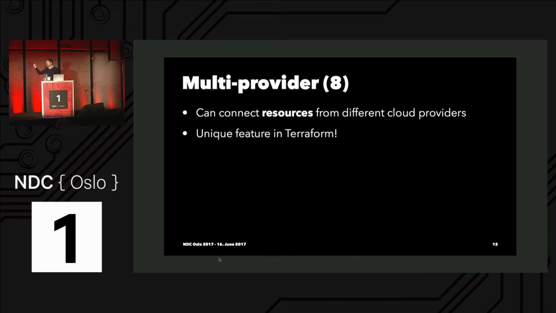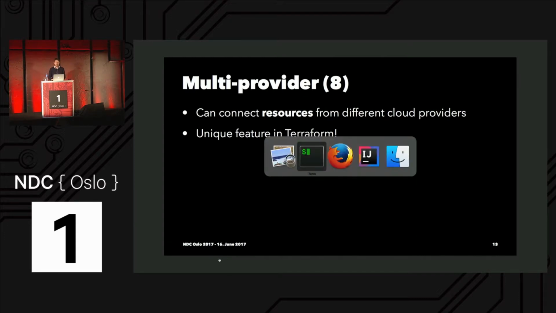You can't do that with the stuff that the other guy was just presenting before I came in here. So that's kind of cool. And it's unique. You can't do it with native tools from Azure, and you can't do it with the native tools that you find in Amazon. And you can't do it with stuff like Heat, which is a similar tool that you use with OpenStack. So this is pretty cool.